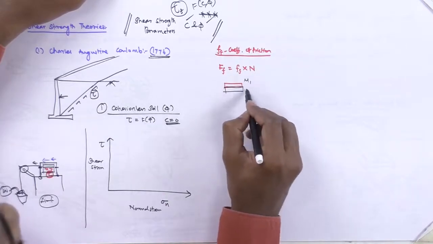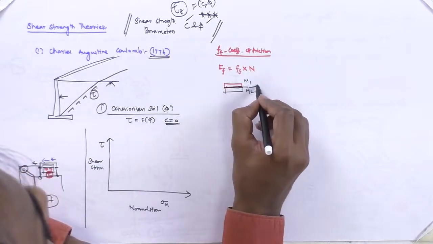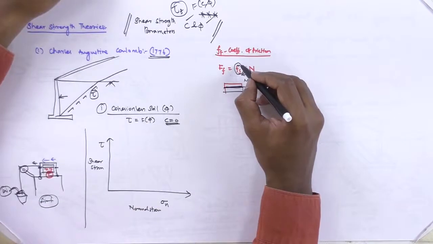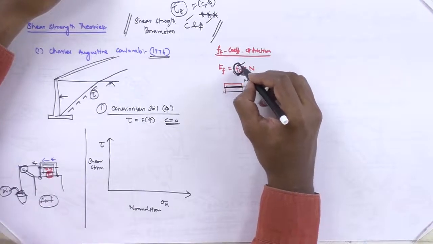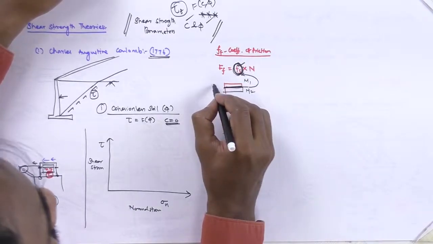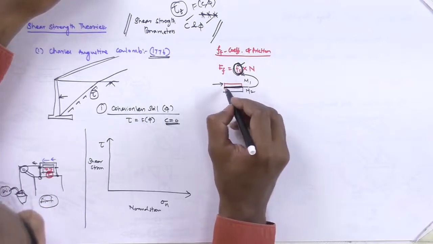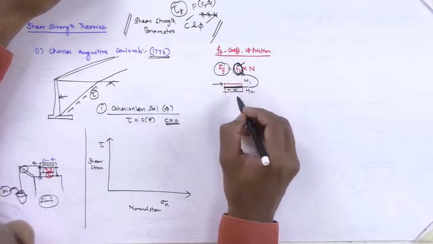This is material 1 and this is material 2. Between these two materials we have a constant friction coefficient. Please remember this. This is a constant friction coefficient. It is not going to change. If you apply any lateral force, the friction force will be developed against this direction, FF.